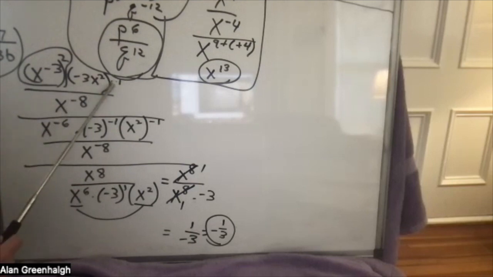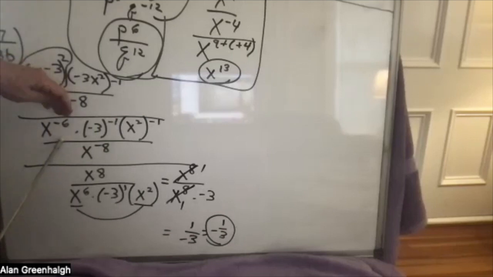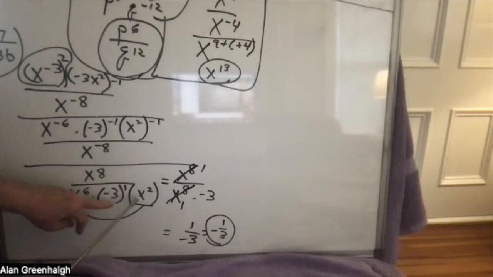This with that. Okay, that makes sense. This with this, that makes sense. And this is just hanging out. Okay. Then I decided that all the negatives shall go in the denominator, and there they are, and all the denominators should go in the numerator. Okay, that's what I did here.